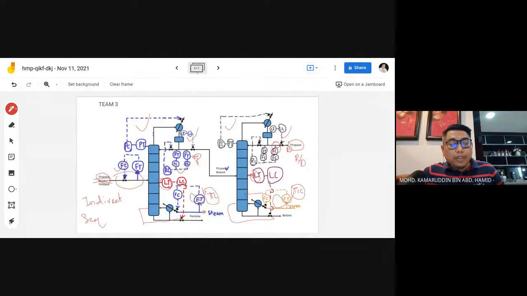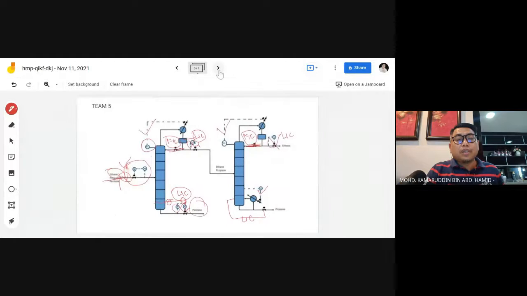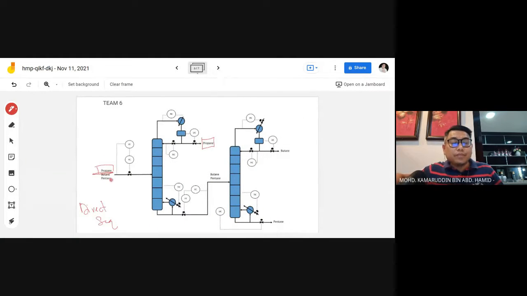Why? Because we recover the heaviest. We recover the heavier at the first column. We cut here, we take out and remove the pentane first. So it is the heaviest, and the most volatile will go at the top. This we call an indirect sequence. Whereas team number 6 is a direct sequence, because we recover the light component or most volatile component at the first column. That is the difference between direct sequence and indirect sequence.